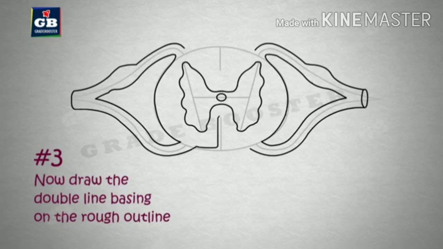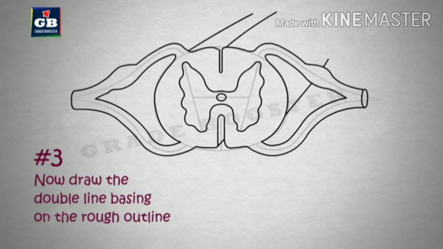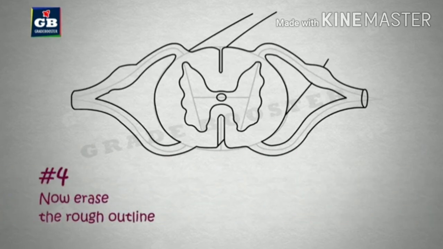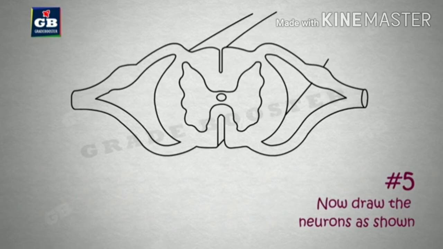Bring the dark lines near the circle and cover it with a dark line so that the reflex arc is in proper position. Draw two rough lines on the circle and one rough line inside the leafy structure. Now draw the neuron as shown in the figure.